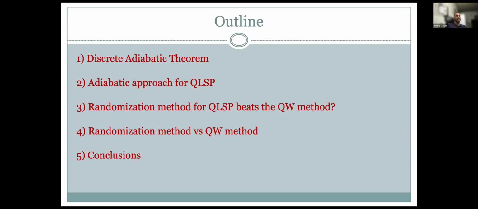Then I'm going to address the question: does the randomization method for quantum linear system problems beat the quantum adiabatic method? That's related to previous results that claimed to do that. Then I show how we have done the comparison between these two methods. And finally, I'm going to go to the conclusions.